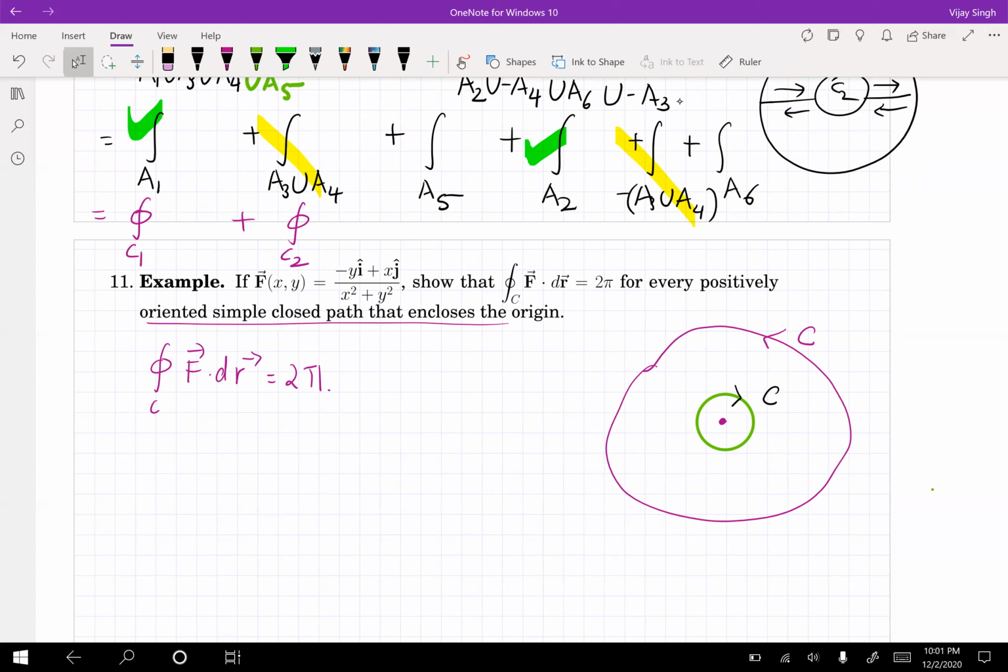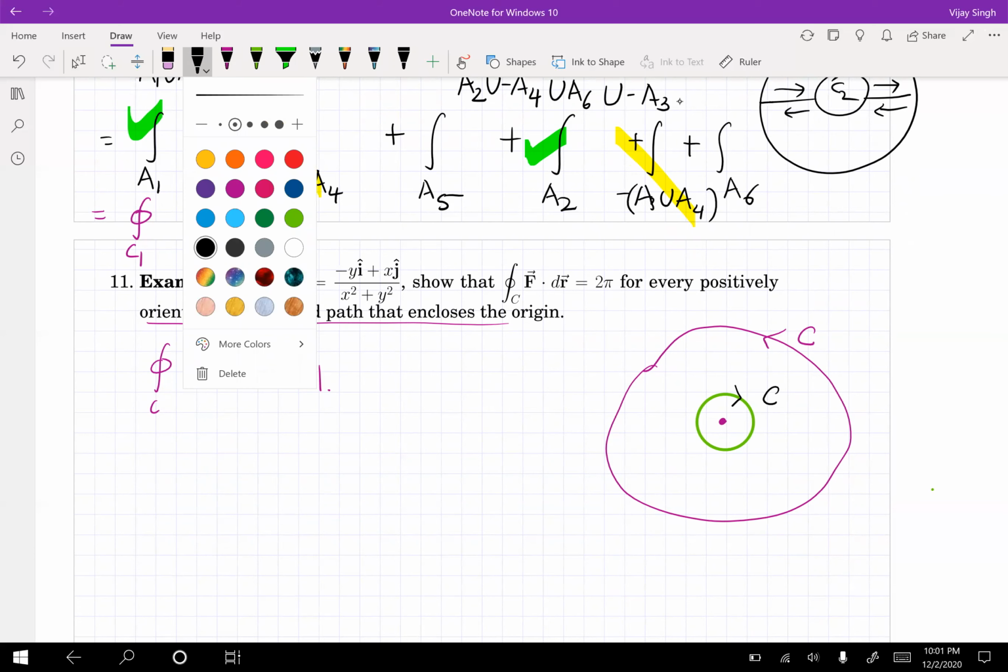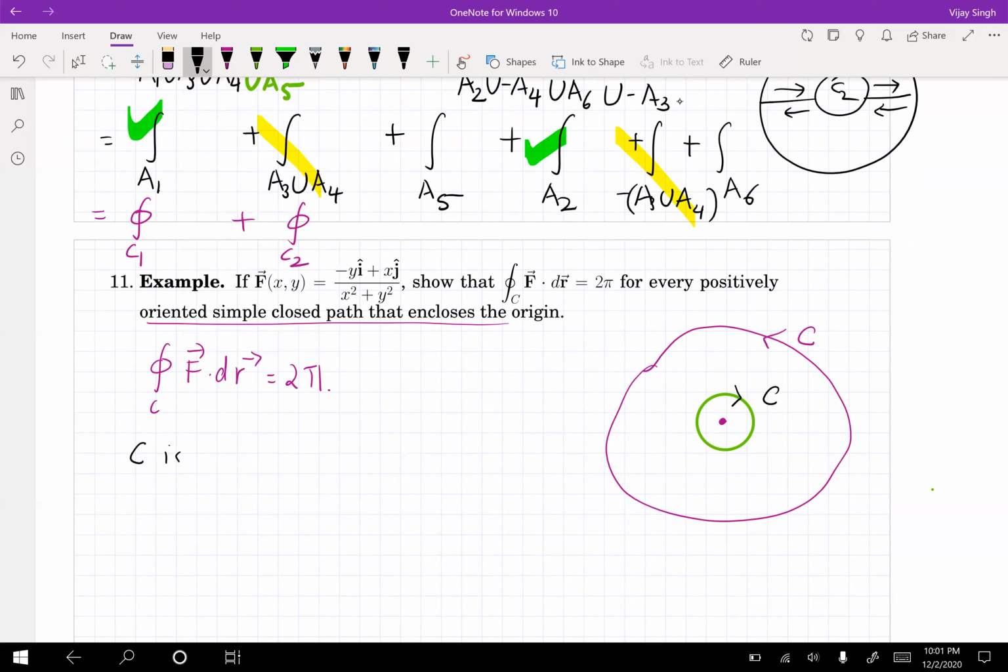So where C is a circle of radius epsilon, where epsilon can be as small as we want, right? So that we can guarantee that it will lie inside the C.